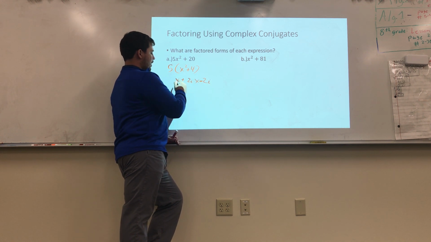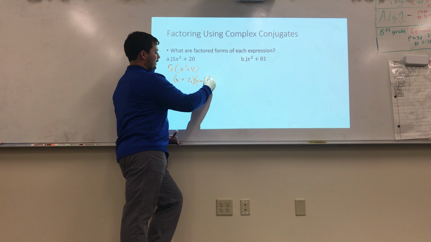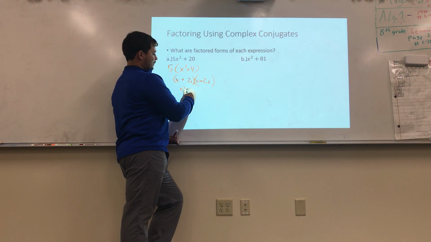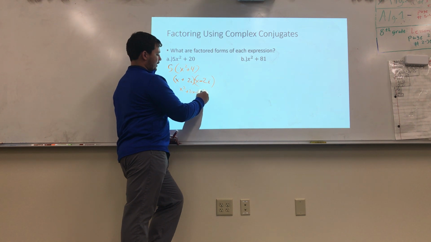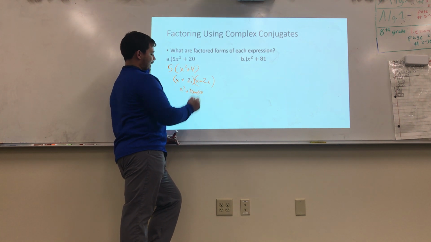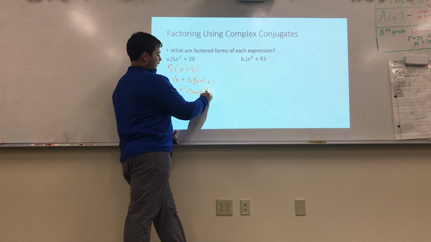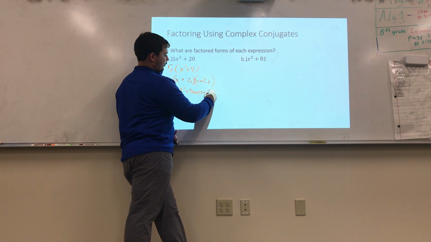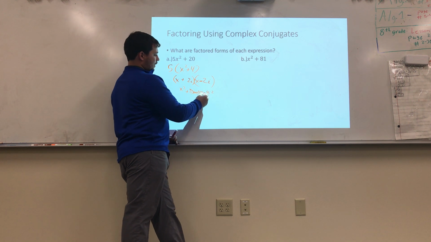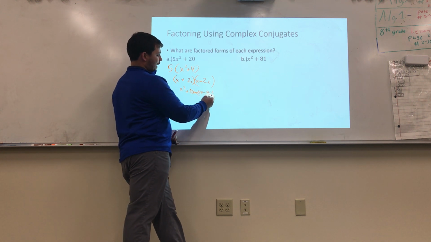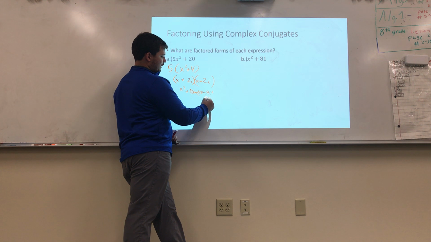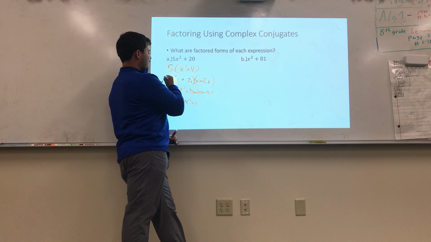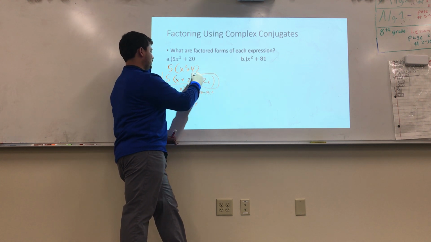What this is going to do is I get x to the second plus 2ix minus 2ix, so that cancels out the middle, which is what I want to happen here. And then I end up getting minus 4i to the second. Well, we don't want a minus 4, but wait, we have an i to the second, which is negative 1. Negative 1 times negative 4 is going to give me positive 4. So this right here would be our solution.